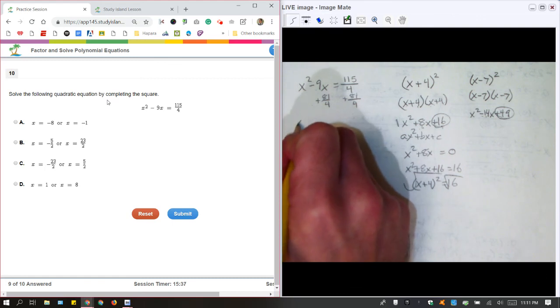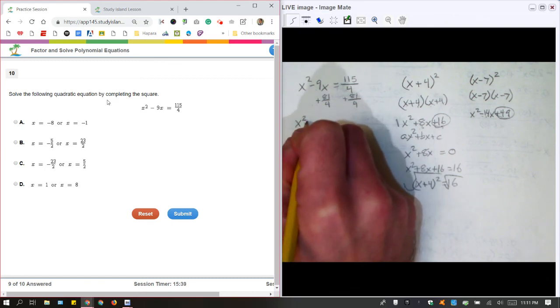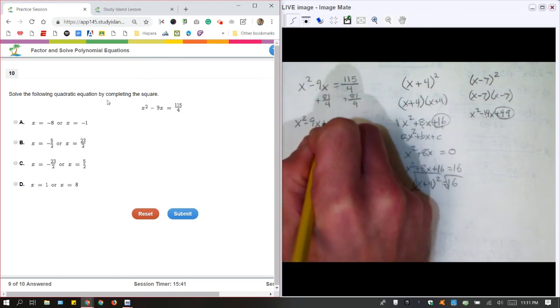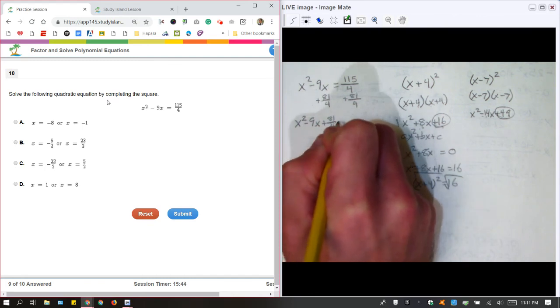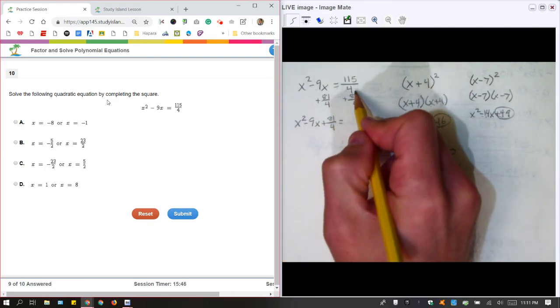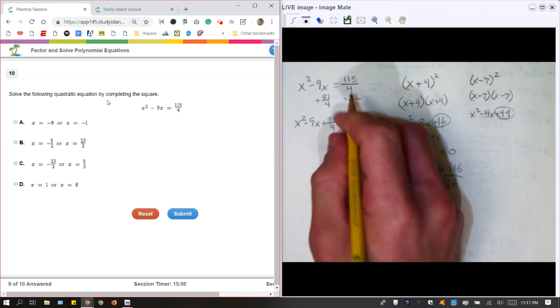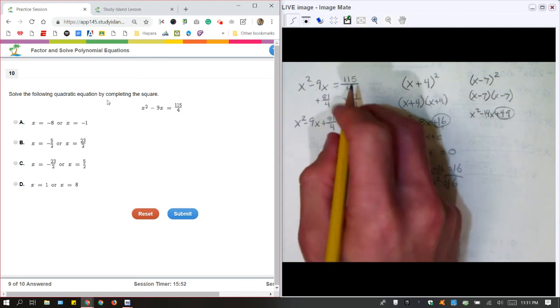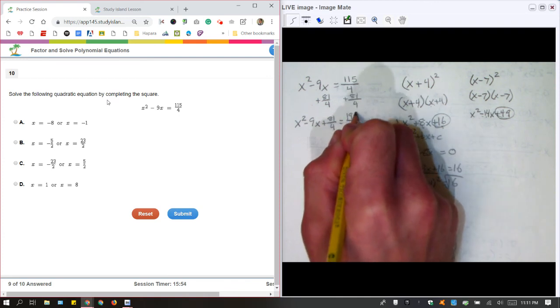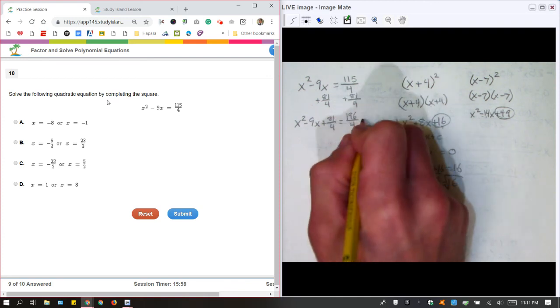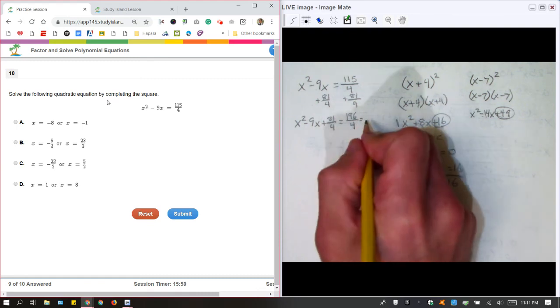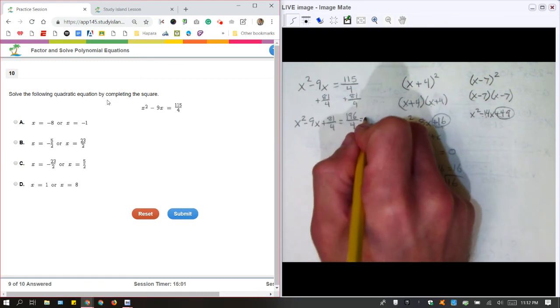So now I have x squared minus 9x plus 81 fourths equals 115 fourths plus 81 fourths. So again, we already have our common denominators there. That's lucky. And you have 196 fourths, and 196 fourths is 49.